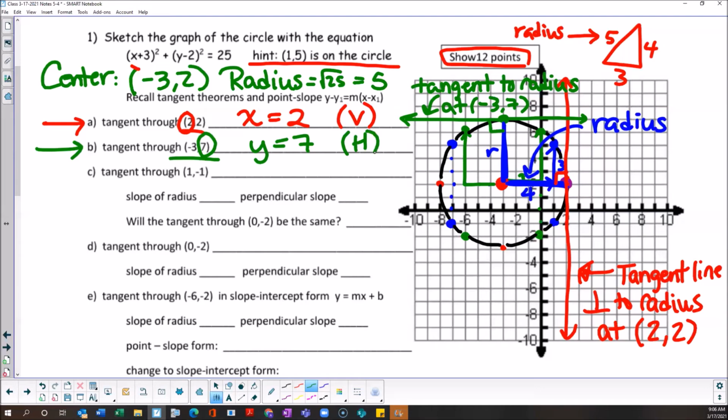So that's why it helps, even if you're not asked to graph it on a problem like this on a quiz. If it says write the equation of the line that's tangent to the circle, and all we give you is the equation, if it fits on a graph, like it will, what should you do?